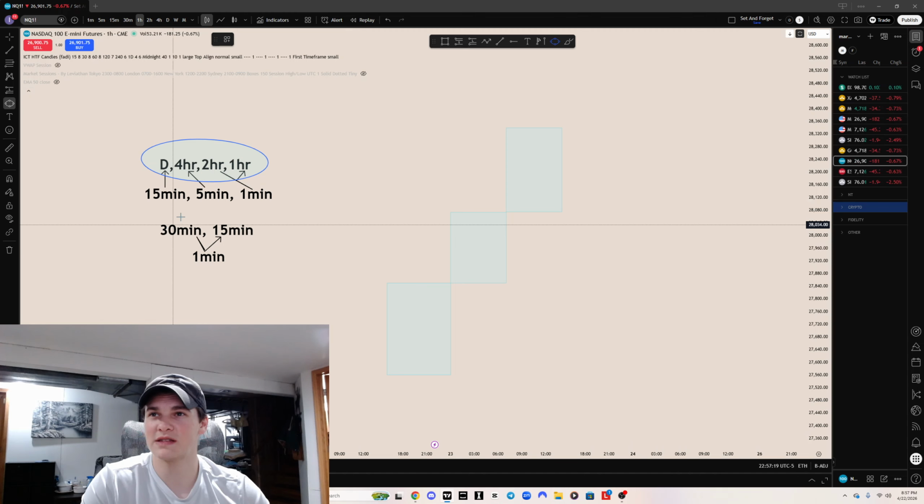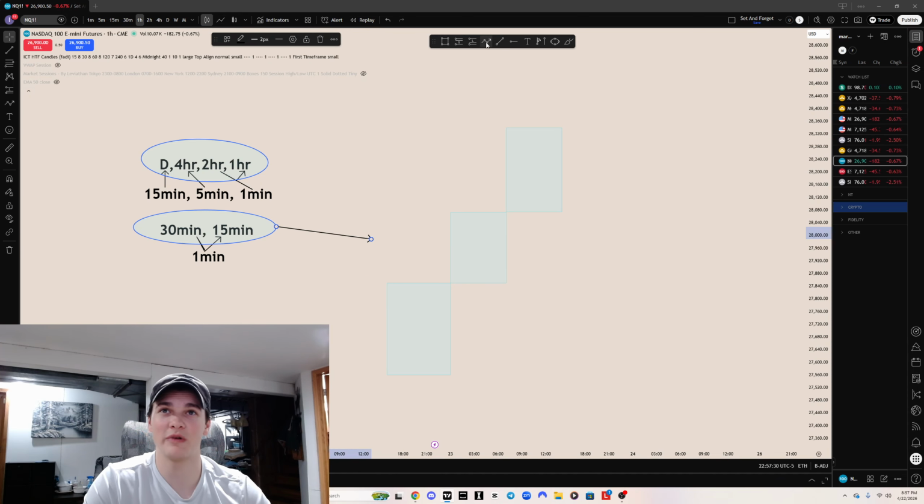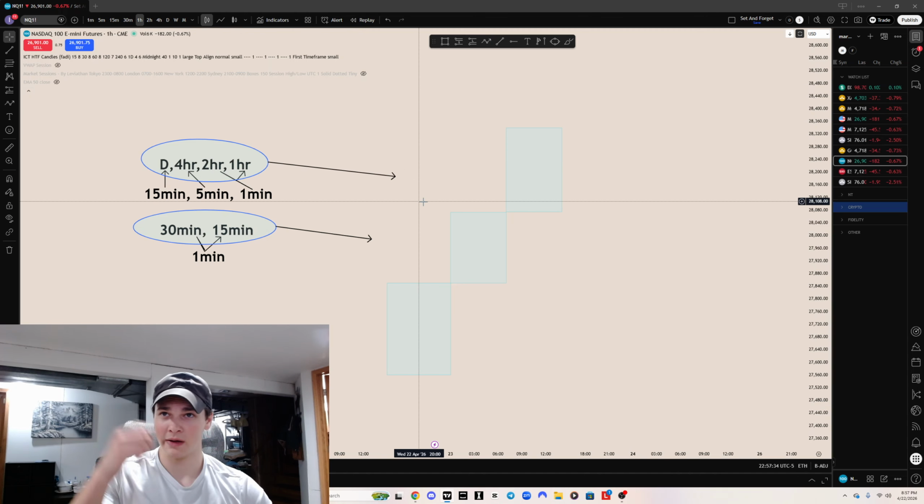So any of these time frames can be used. Nothing lower, well, a few higher, like weekly and monthly, but I already broke that down.